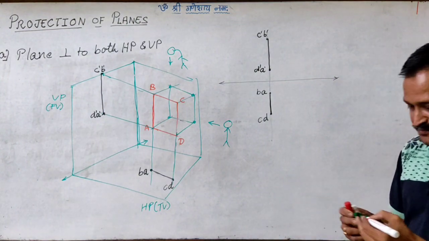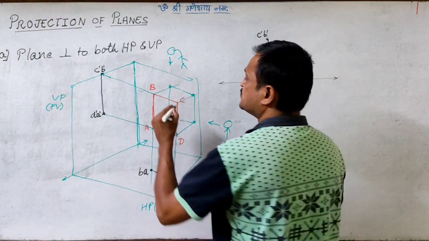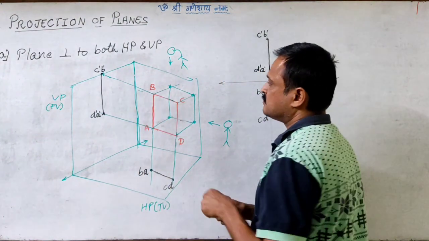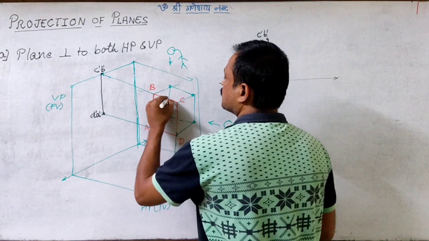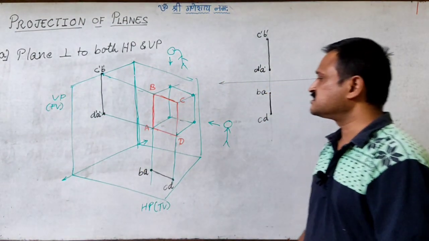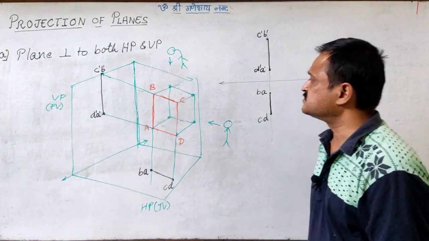So this is just for understanding how we can get the shape of this plane. Right now we will not be talking in detail. We'll see in the coming sessions or coming situations.